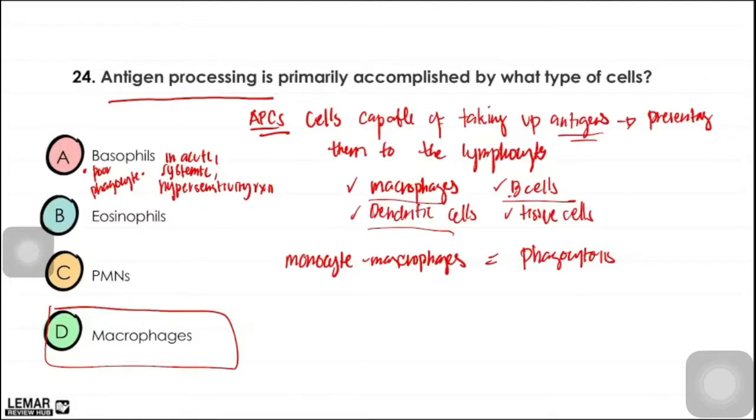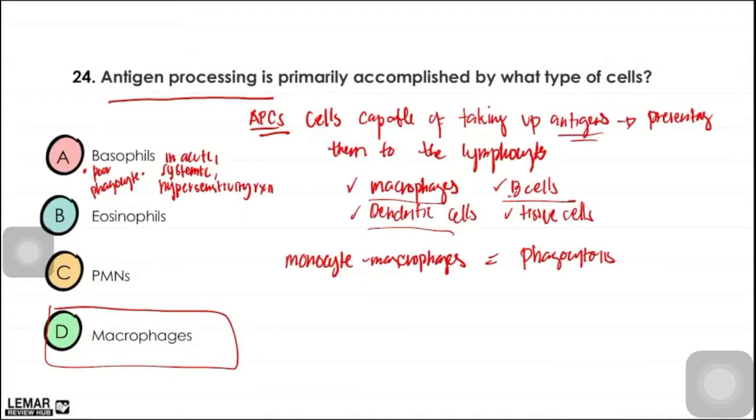Eosinophils are capable of participating in phagocytosis, but they do not process antigens. Like your basophils, they do not process antigens. The ineffectiveness of eosinophils results from the small numbers of the cells, and lack of powerful digestive enzyme, the same with basophils.